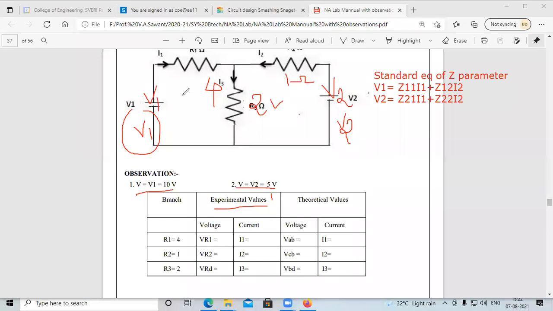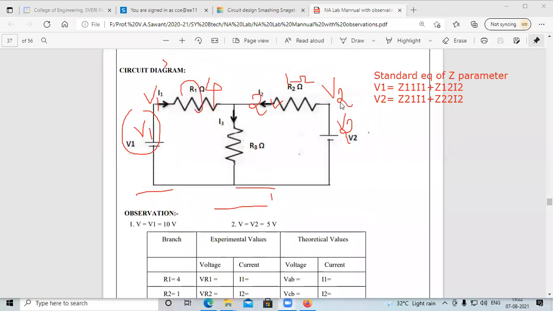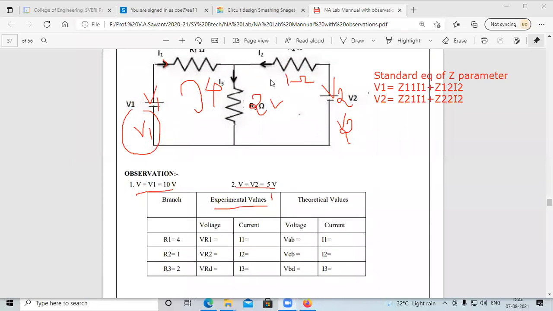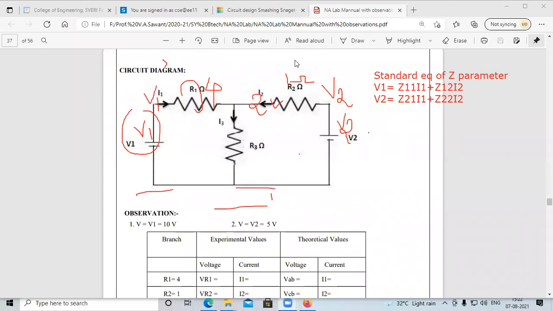See, the current flowing through this is I1, then this current is also I1. Again we represent the remaining values: this current I1, this current I2, this current I3.